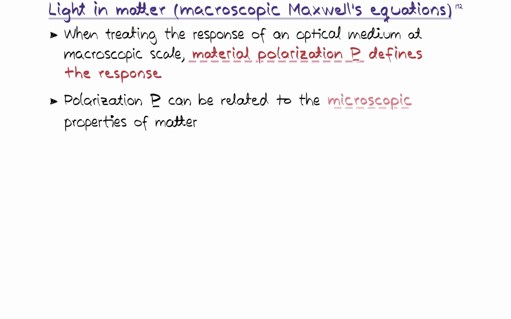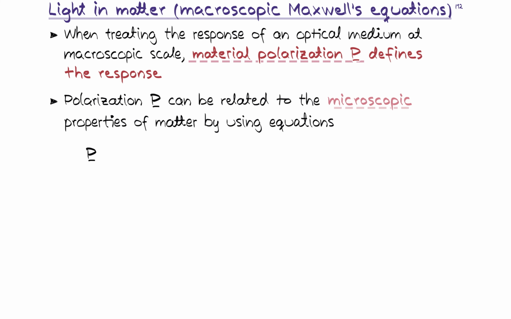And then we would need to connect the macroscopic properties of matter with the microscopic properties. And how we can do these simple connections, these equations you should take with a pinch of salt, because it's not always the case that you can easily calculate the material polarization using these equalities, but at least most of the time you can do it.